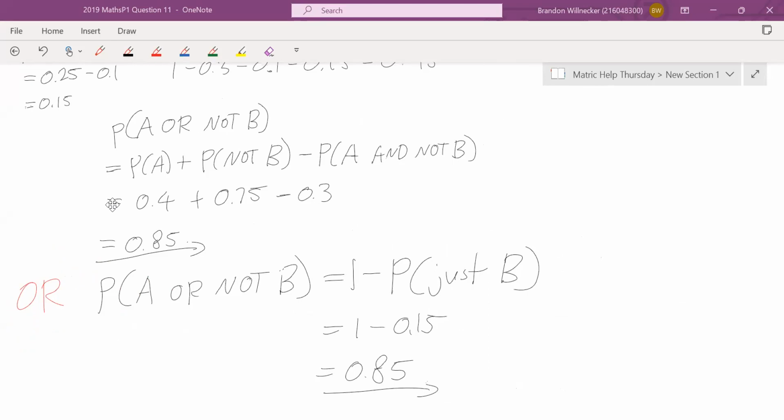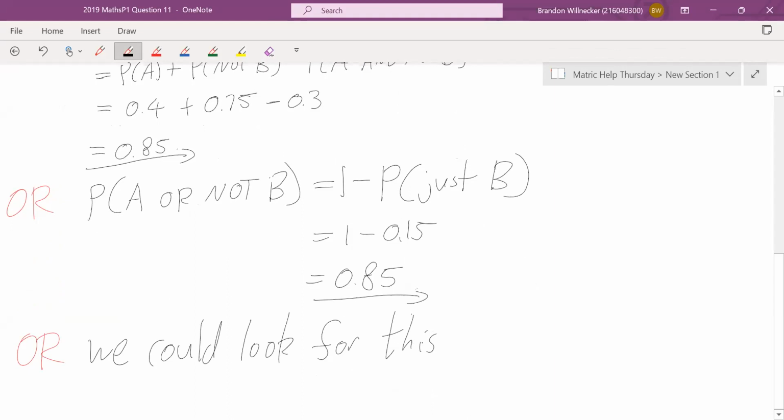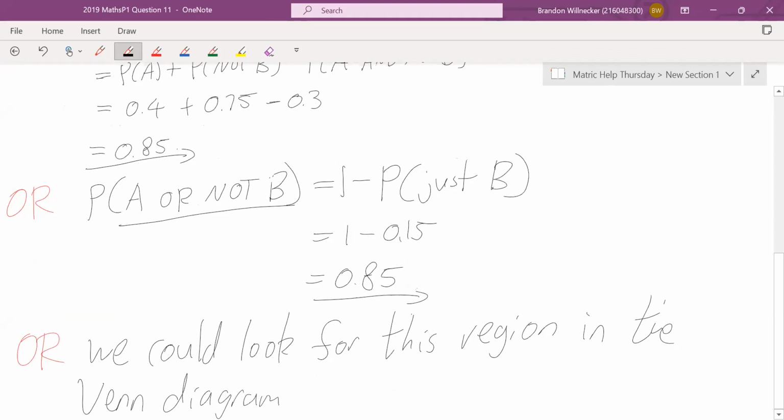There is another way that we can do this, or we could look at the Venn diagram. So we could look for this region over here in the Venn diagram, and just add up the values for the regions there.